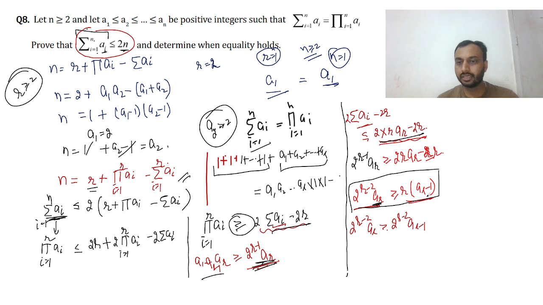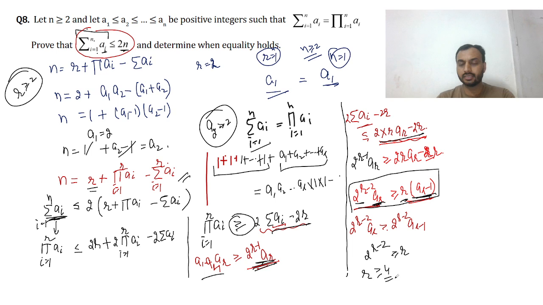So if you compare ar and ar minus 1, ar is greater than ar minus 1, that is definitely true. Now 2 power r minus 2 and r, is 2 power r minus 2 greater than equal to r, guys?